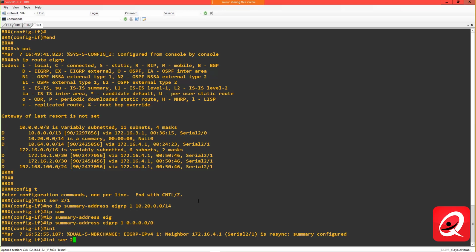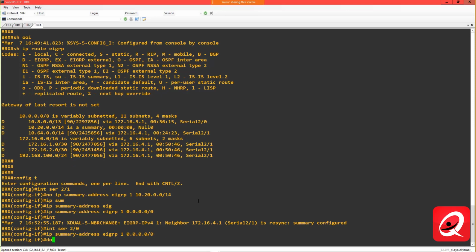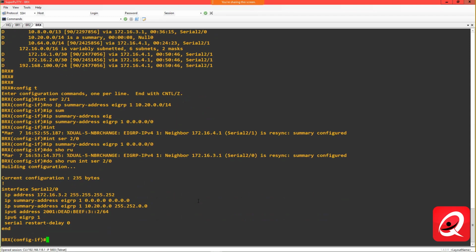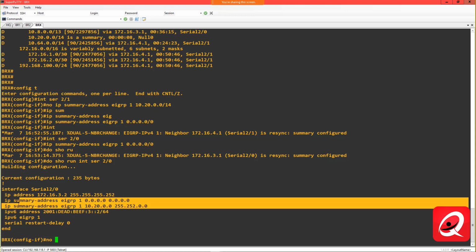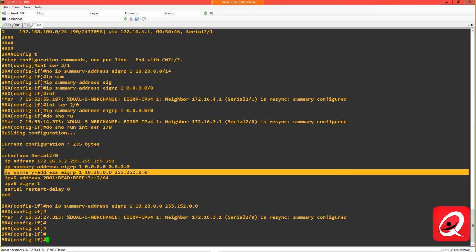I think I forgot to remove the summary off the other one, because I think I removed the wrong one. Do show run interface serial 2/1. Yeah, so I didn't take that one off. I was in the wrong interface. All right. And let's do show run interface serial 2/1.